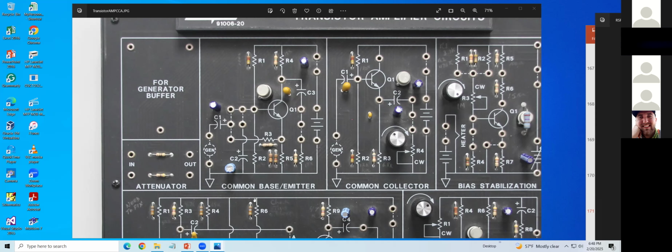Next week we'll be going with the common base, common emitter, and common collector amplifiers. Up to this point, do you have any question, anything? You can take it easy, I don't care, as long as you know what to do.